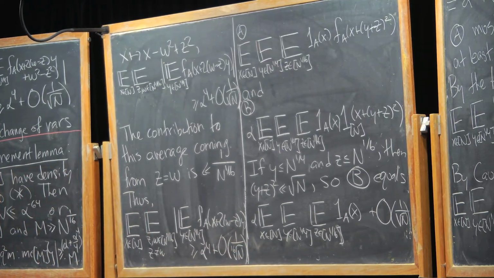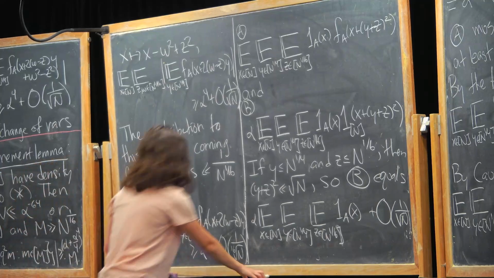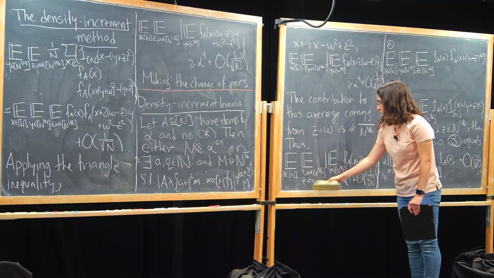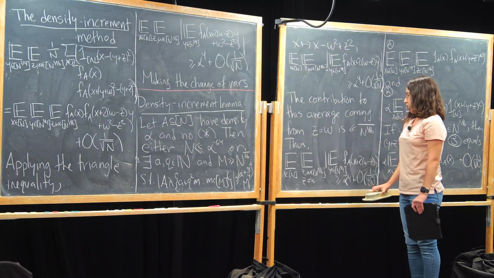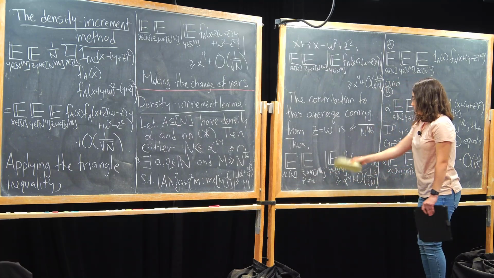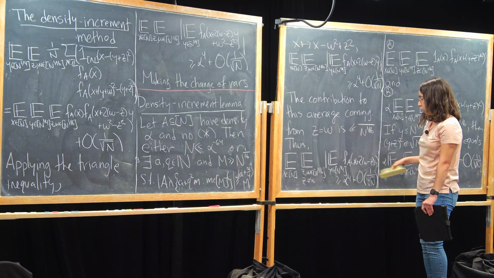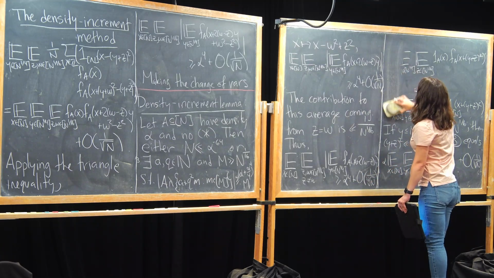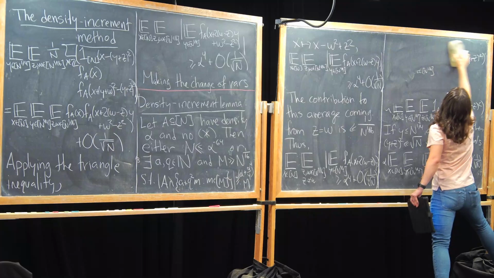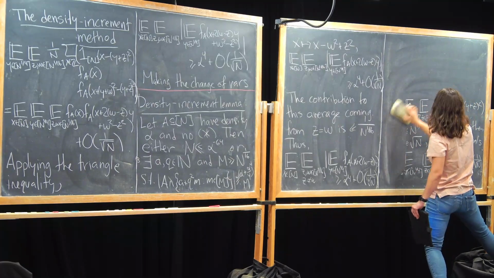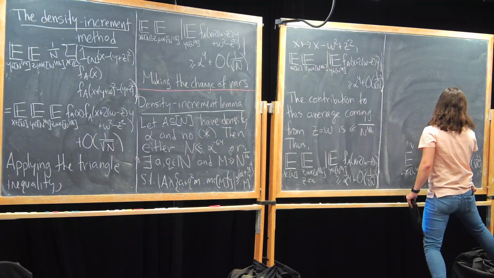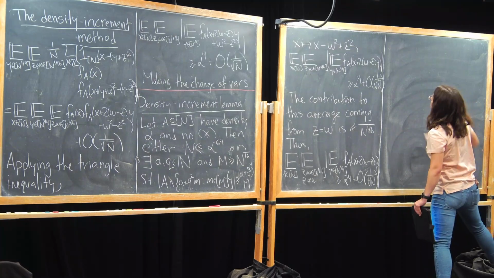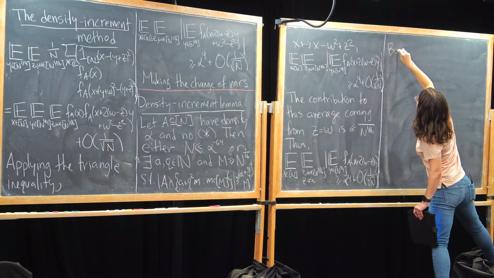Okay, so now we can apply the pigeonhole principle. So that means there's some choice of z not equal to w in this interval such that the average over x of the absolute value of the average over y for this fixed progression is large.